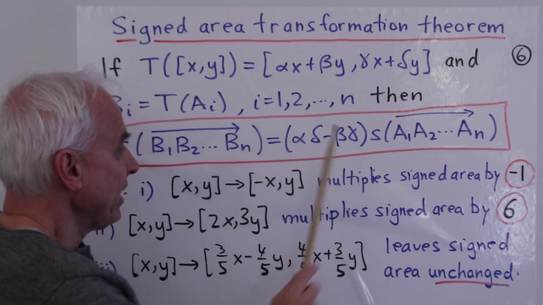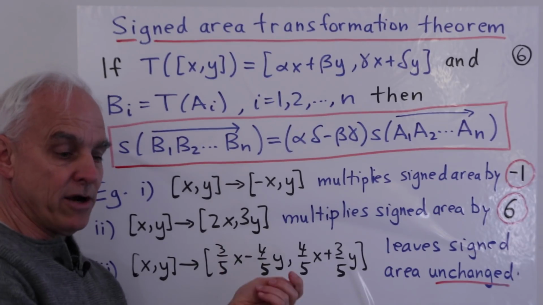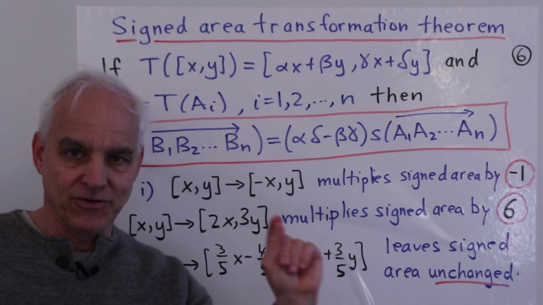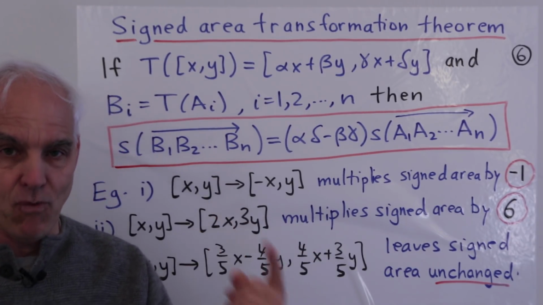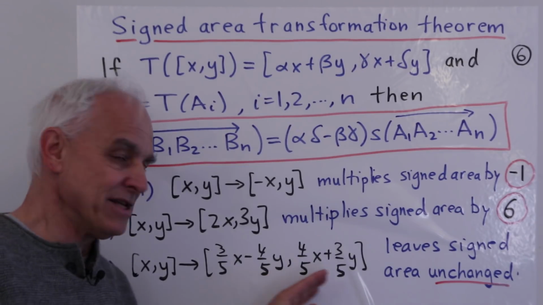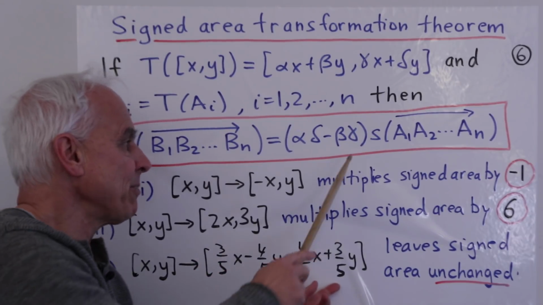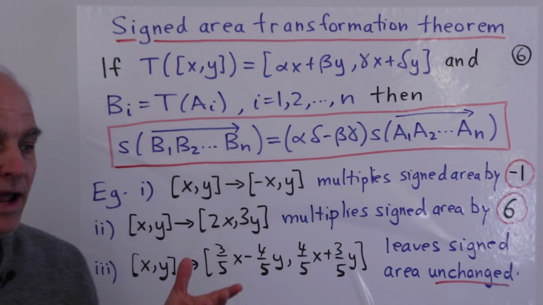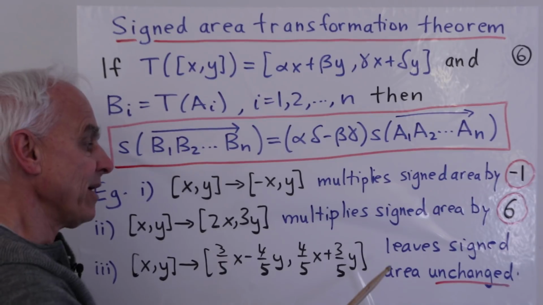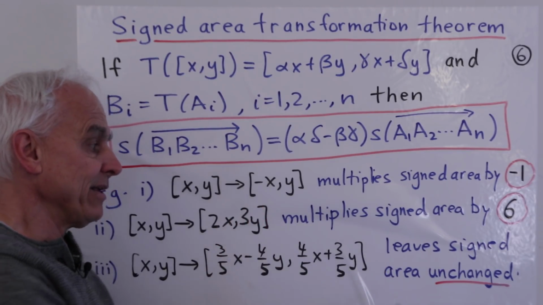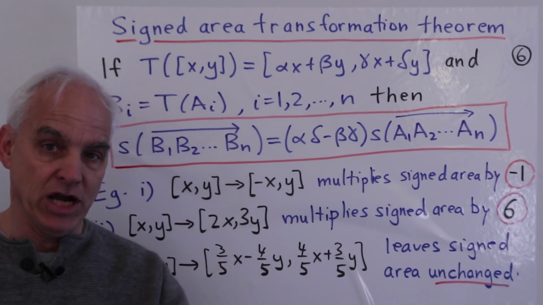So this quantity is 3/5 squared plus 4/5 squared, which is a total of 1, because I've chosen these numbers from a Pythagorean triple. And so the multiple that occurs here is exactly 1. And this is in accord with the idea that this is a rotation. It leaves signed areas unchanged.